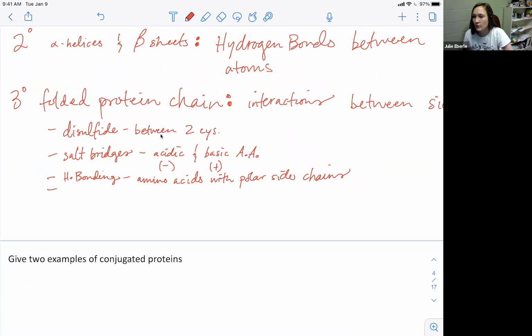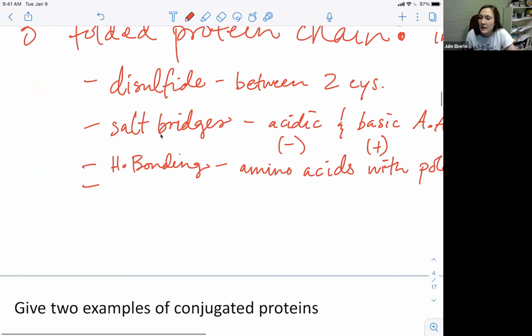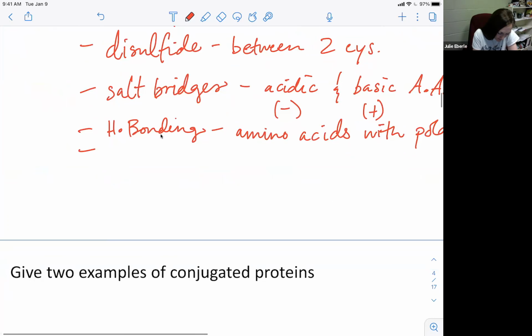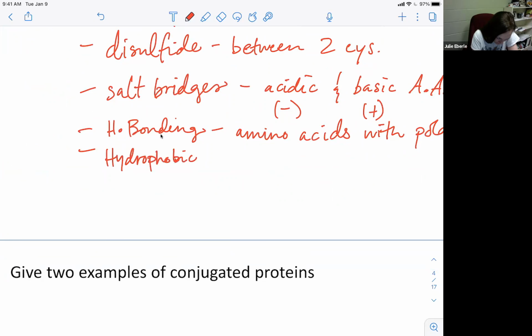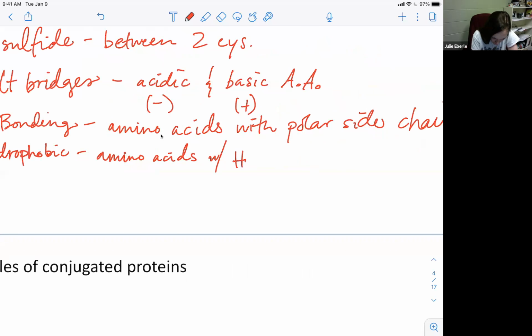You can go look at that polar section. Any of those can hydrogen bond and stabilize tertiary structure that way. And then what was the last one? Hydrophobic. Yep. I don't know who said that one, but good job. And this occurs between amino acids with hydrophobic side chains.